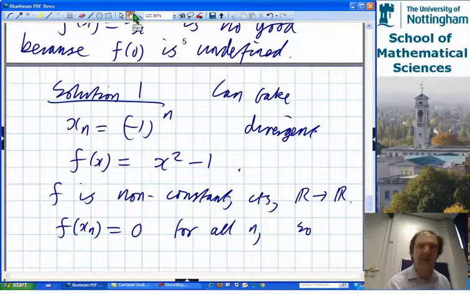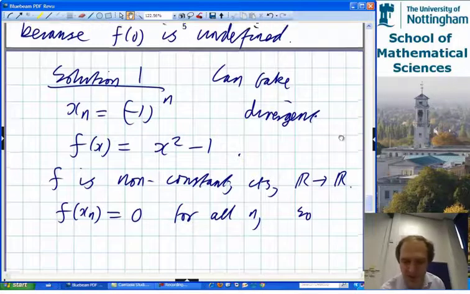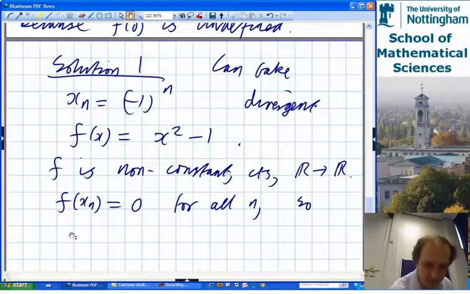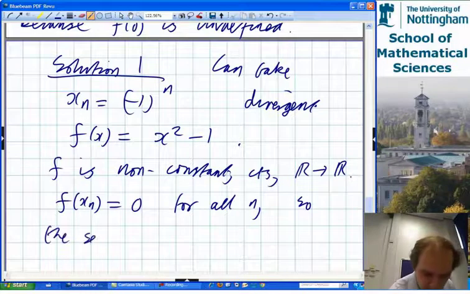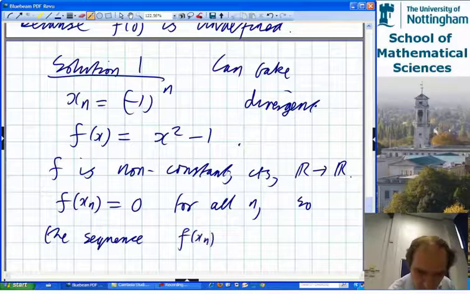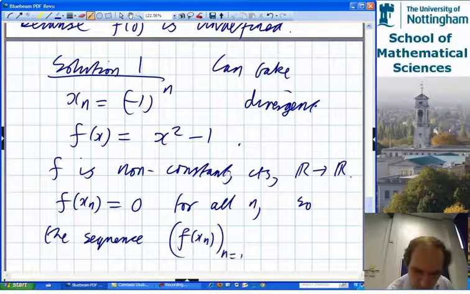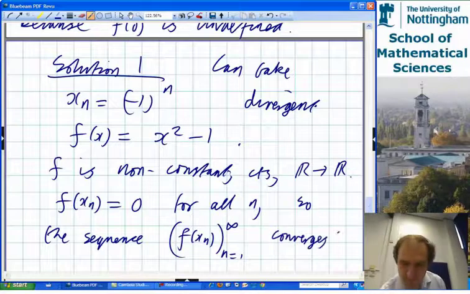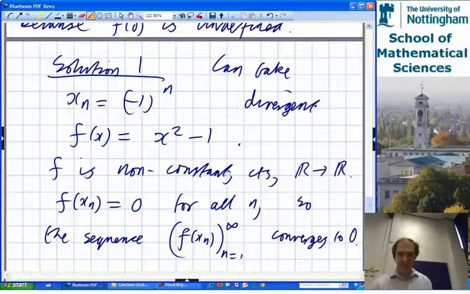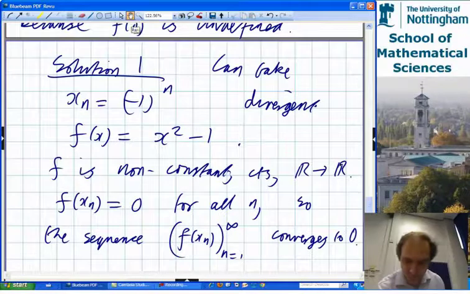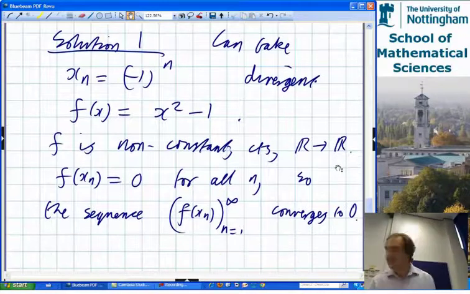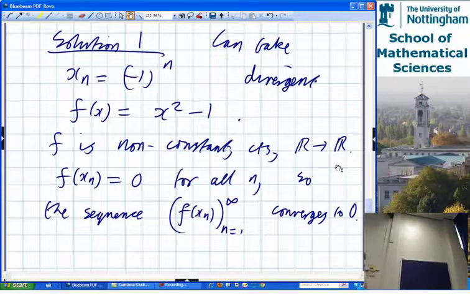So the sequence of values is just a constant sequence 0 which converges. Okay, so that does one way round.